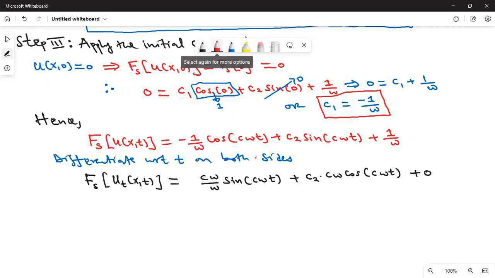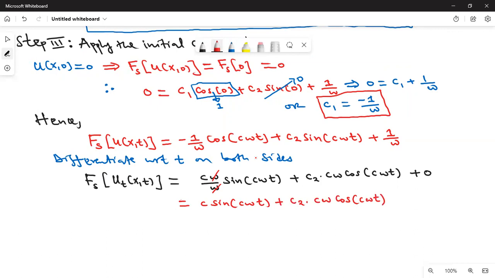And you see here, I can see omega will cancel with this other omega. So you can write this as c sine c omega t plus C2 times c omega cos c omega t.